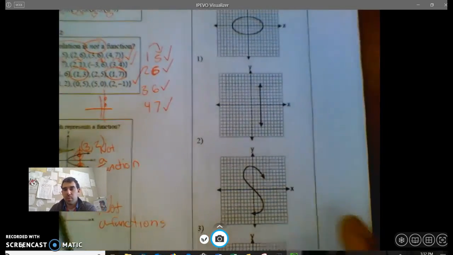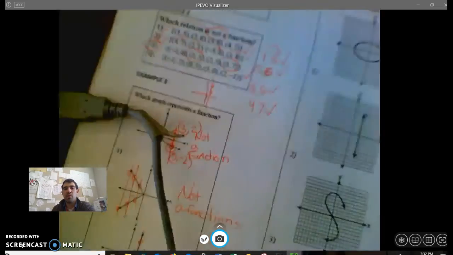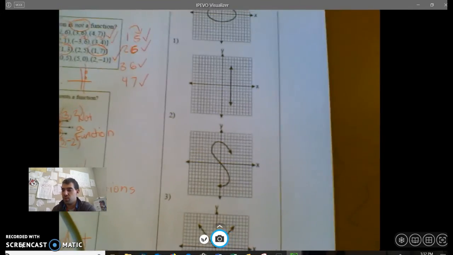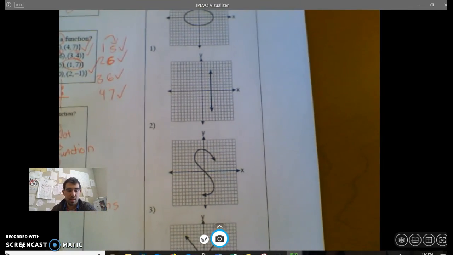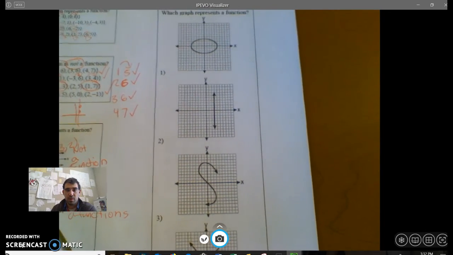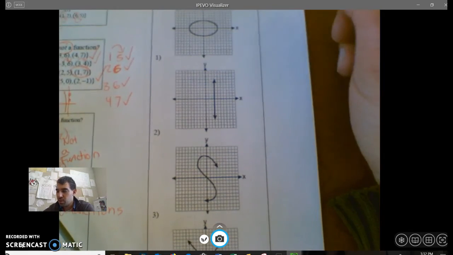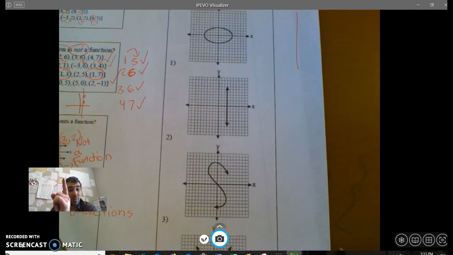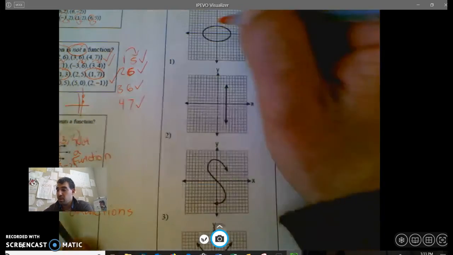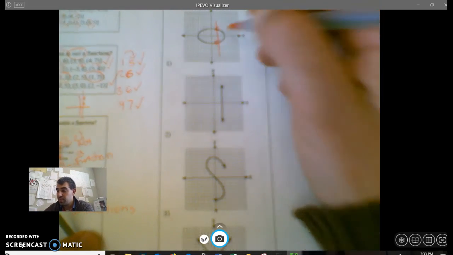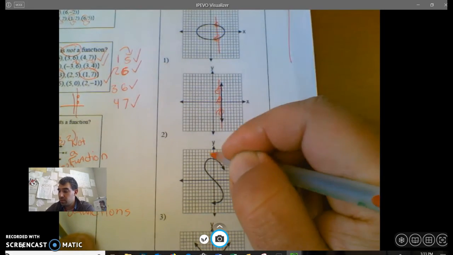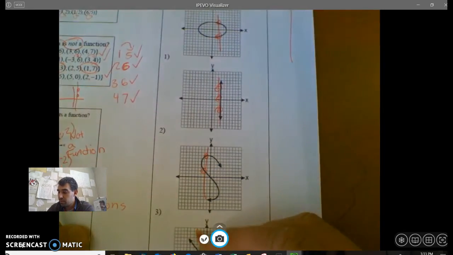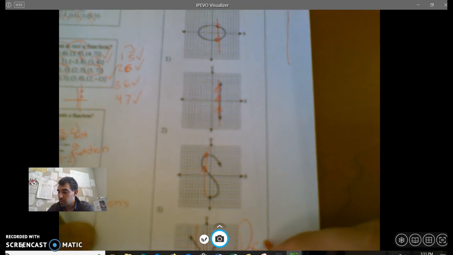Alright, if we look at this one, see if you can figure out on this example 4 which one represents the function. So which one could I draw a vertical line through and it only hits the line at one spot? Fail, fail, fail, pass.